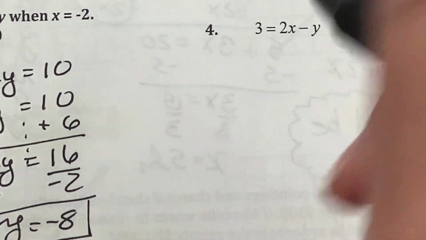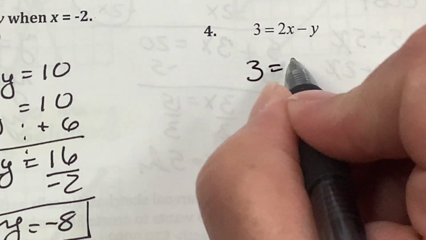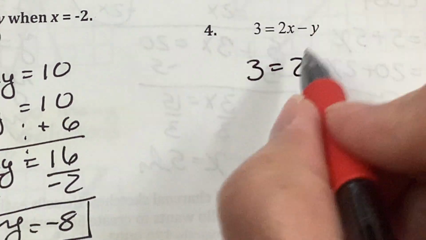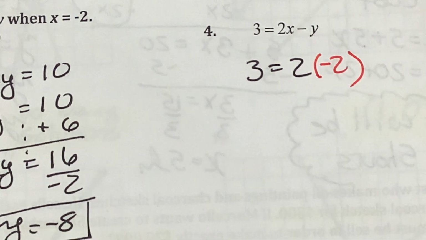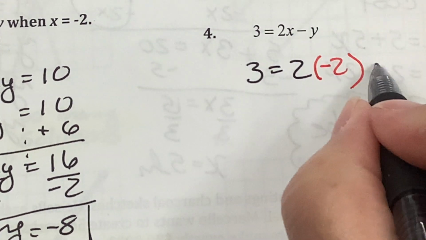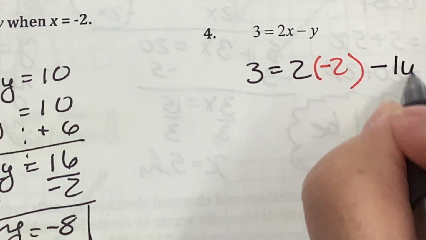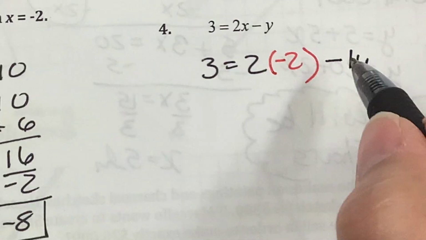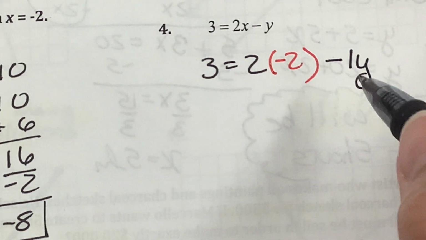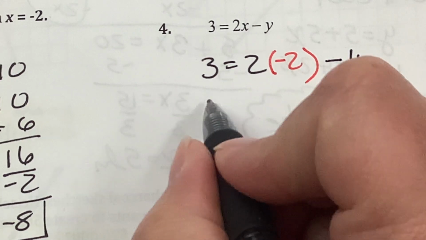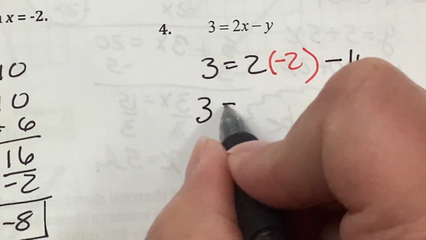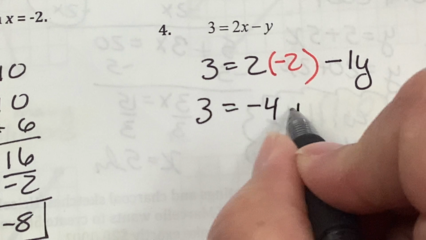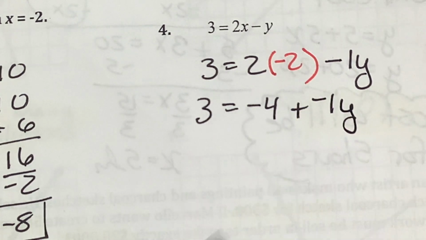All right. The next one, 3 equals 2 times negative 2 minus 1y. You know why I'm adding that 1 in there? Because I have to divide by negative 1 later. 2 times negative 2 is negative 4, so 3 equals negative 4 plus negative 1y.